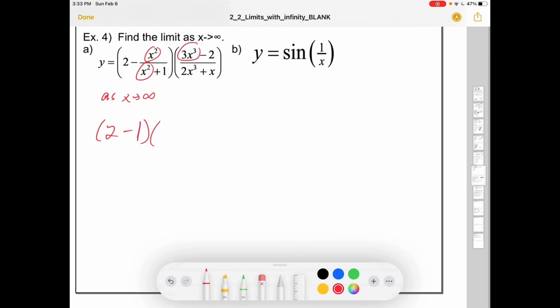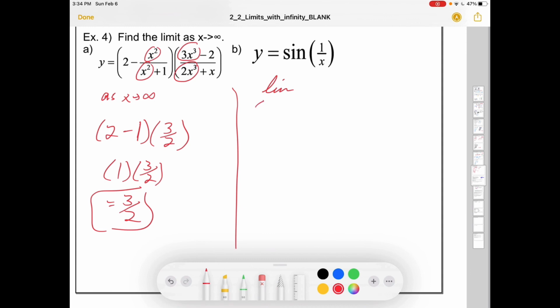In this one, it'll be driver over driver. The x cubes will divide out, and we get 3 over 2. We do not care about this 2 or this x. They are inconsequential around infinity compared to an x cubed. So in other words, we get 1 times 3 over 2, or just 3 over 2. I guarantee you that that really complicated looking function just converges around 3 over 2 as we go to the far right.